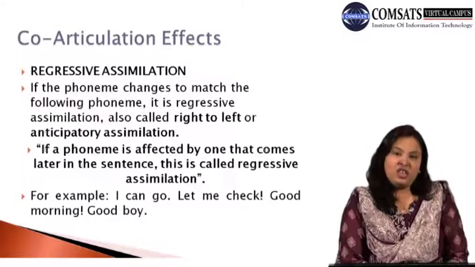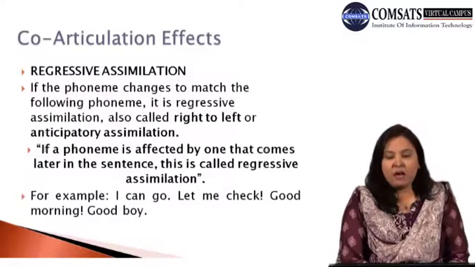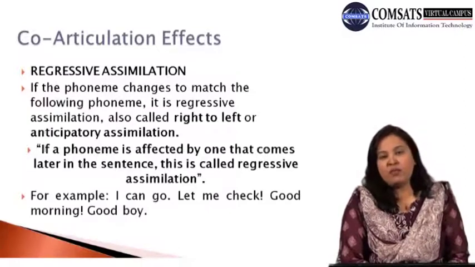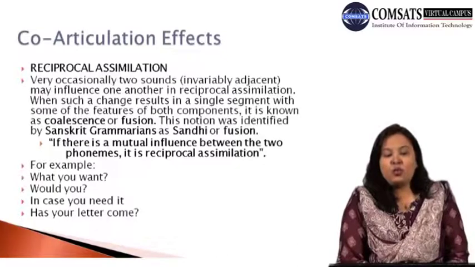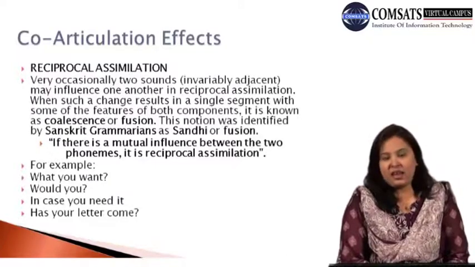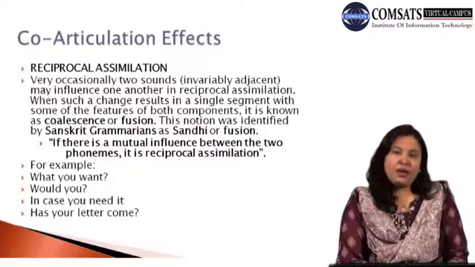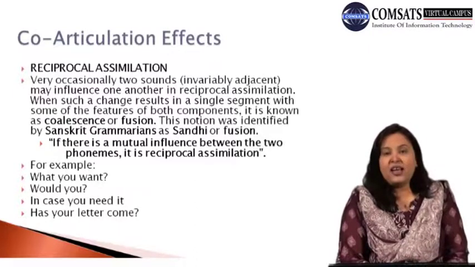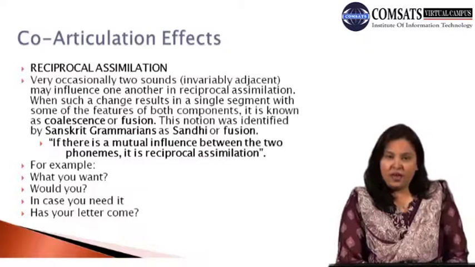When such a change results in a single segment with some of the features of both components, it is known as coalescence or fusion. This notion was identified by Sanskrit grammarians as sandhi or fusion. But with respect to English, it is known as reciprocal assimilation.